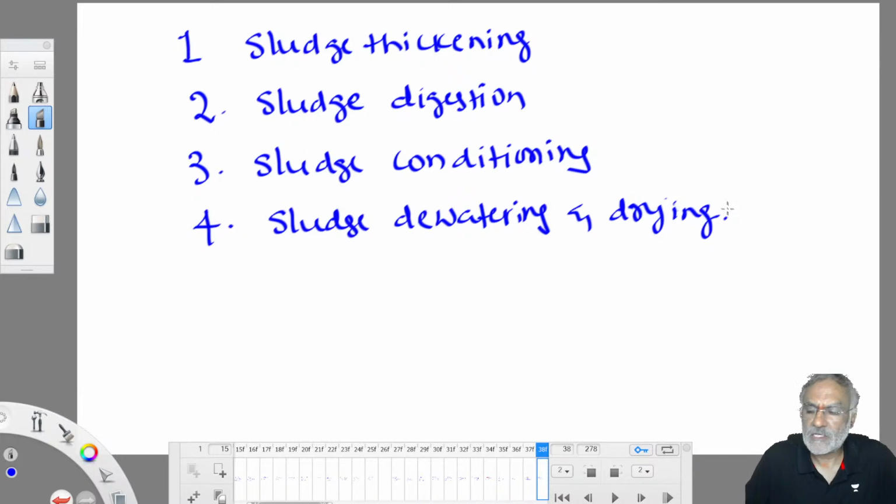So we'll see the numericals tomorrow related to sludge treatment. One session it will take because so many numericals are there. Important also from the exam point of view. Then we'll start a new topic also tomorrow. Tomorrow also I'll take 2 sessions. Session 1 I'll take possibly from 4 to 6, and session 2 possibly from 8 to 10.